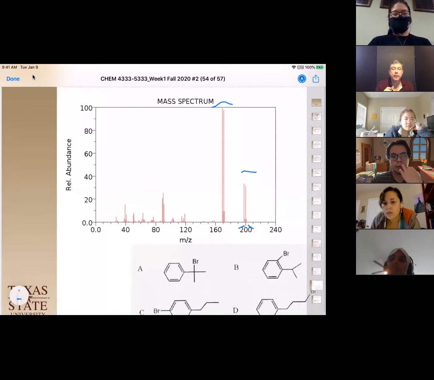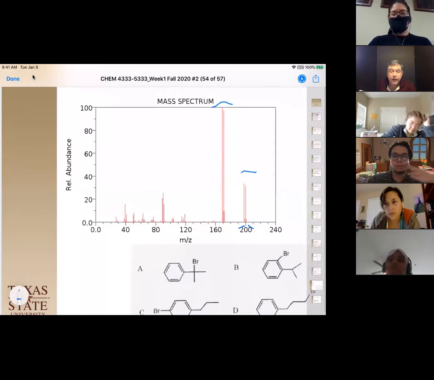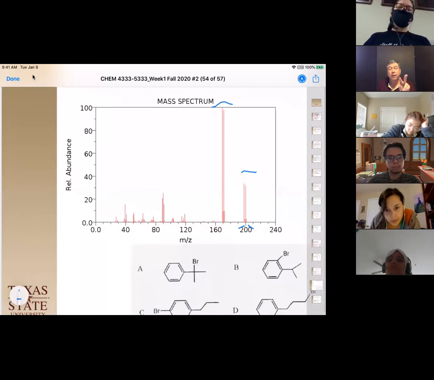Iodine. Okay. Now, if we were looking for iodine, we're looking for a 127. Iodine's 127, and I don't see a 127. Okay. But that M and M plus 2 being almost equal tells me I think we have a bromine in there. So let's look at that.